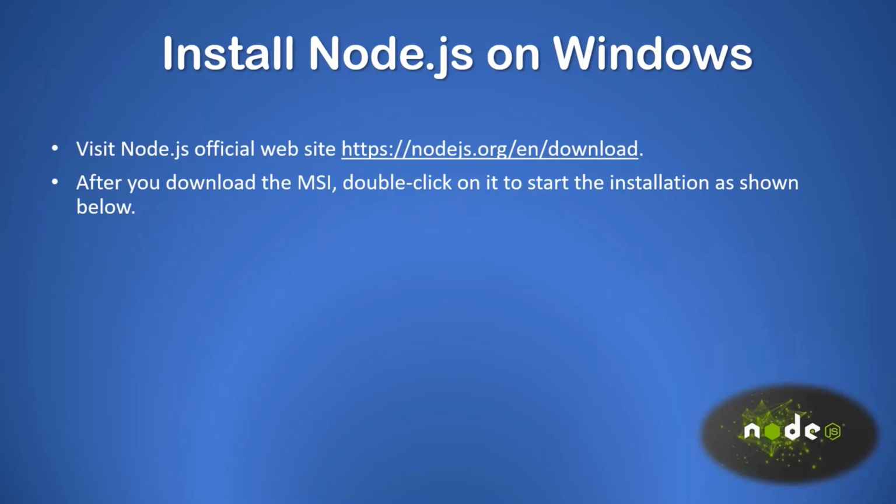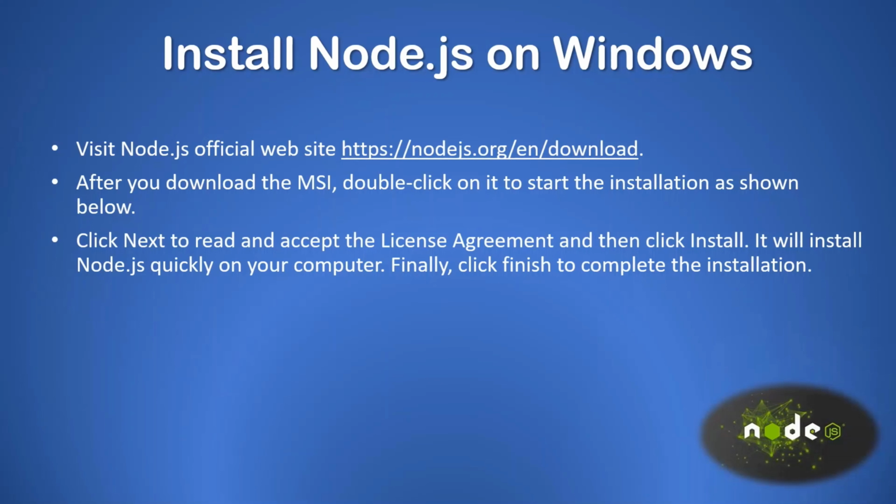Once you download the MSI, you need to double click to start the installation. Once the installation wizard opens, you will have several steps which you need to follow, which I'll be explaining after this in a real live scenario. You will have an option to accept the license agreement.